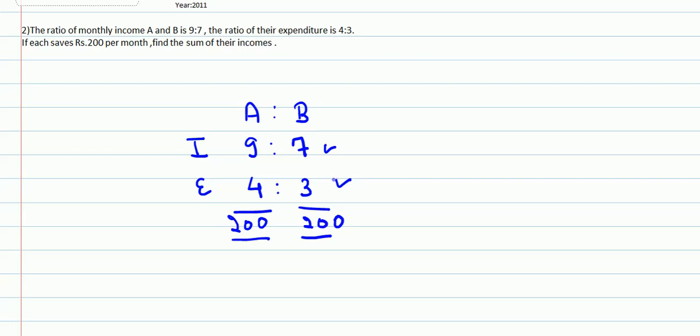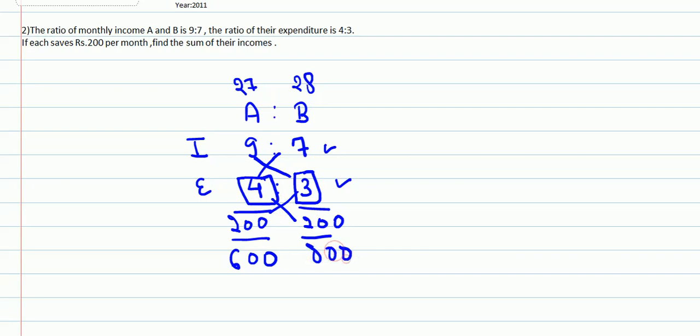We are going to repeat that trick again, and it's very simple. We multiply this 3 with this 9, that is 27, and this 3 with this 200, that is 600. Now this 4 with this 7, that is 28, and this 4 with this 200, that is 800.